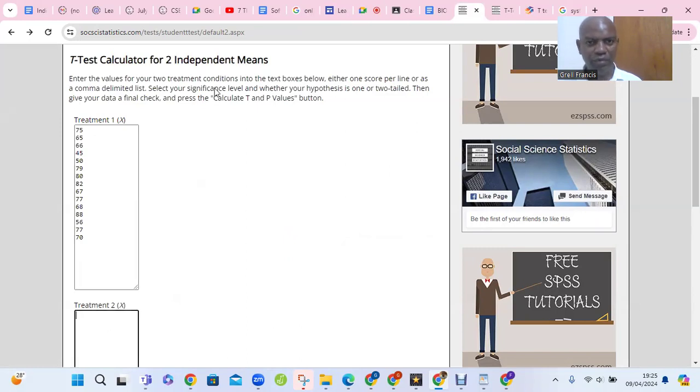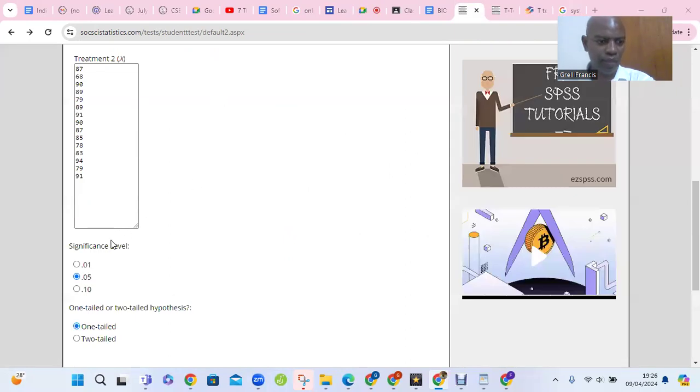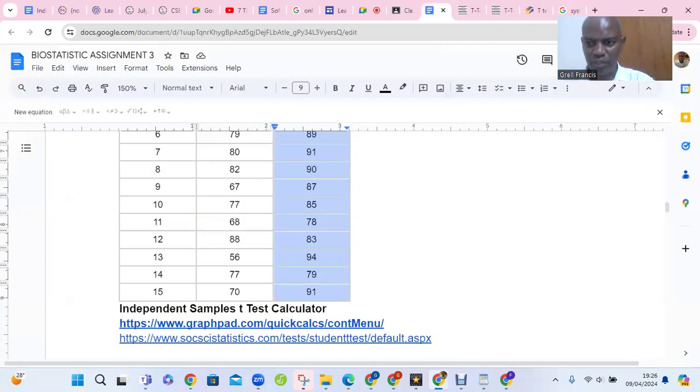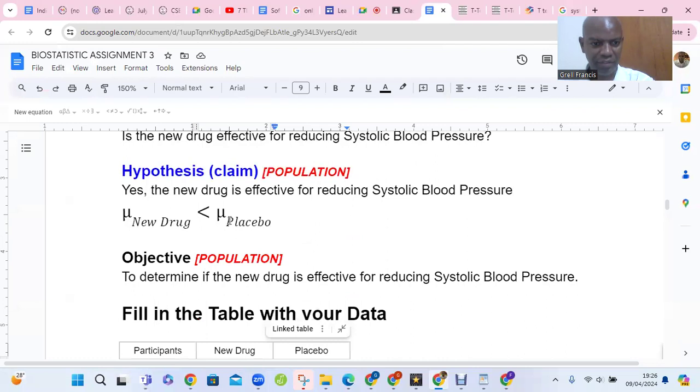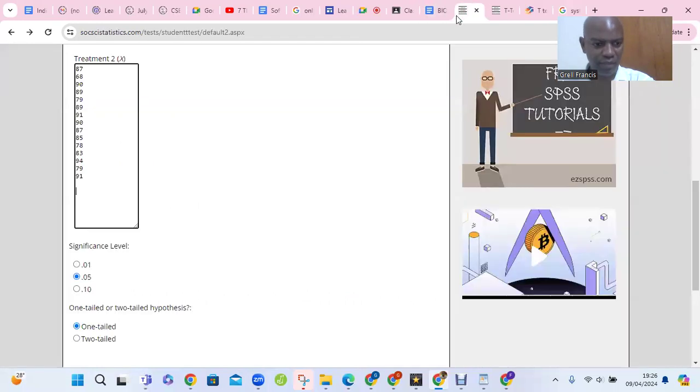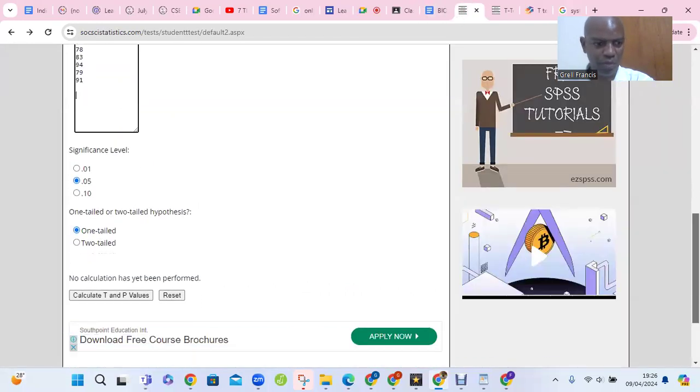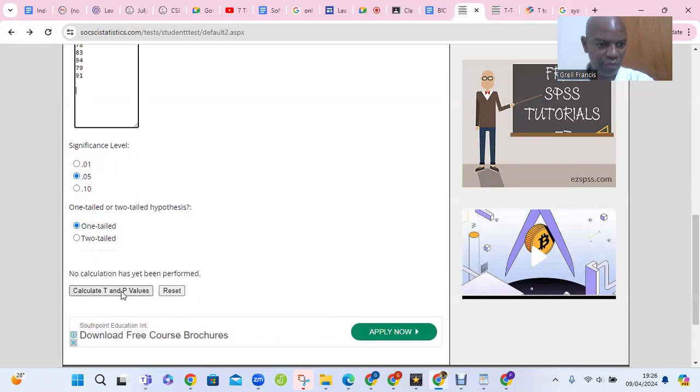And it will be the same for the placebo. And we keep the significance level at 0.05 by default, and it's a one tail. As we can see, it's actually a left tail. Okay, here it is. It's a one tail. Then we scroll down and we just click calculate to get the p-value.